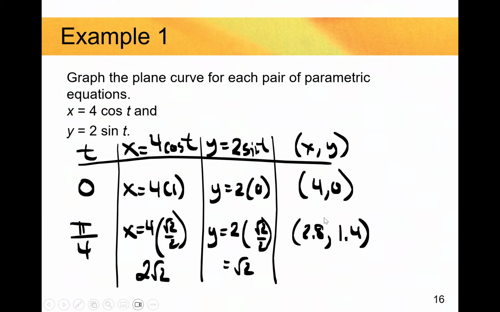Then you're going to draw in 2.8 comma 1.4. So that's going to be not perfectly centered, but it's going to be off a little bit. Okay, are we good there? So you're just graphing each one of these points, but you're graphing them as one single point on a graph.